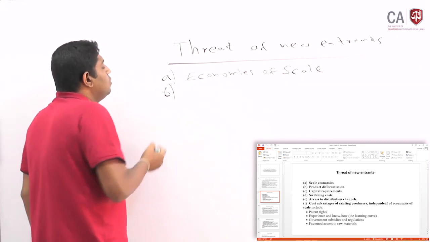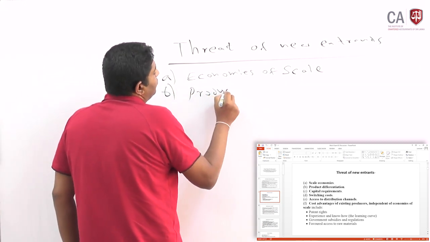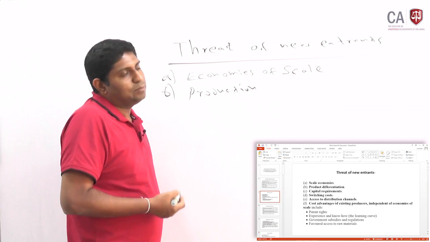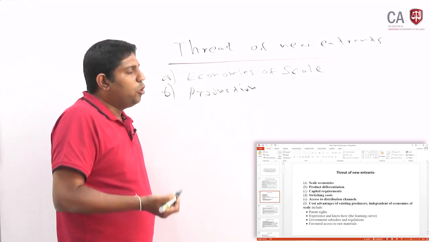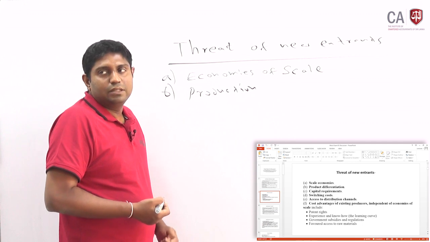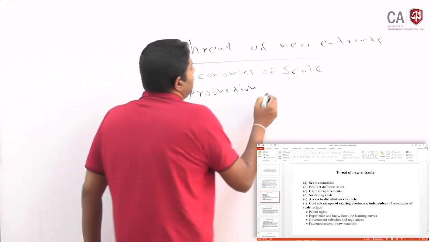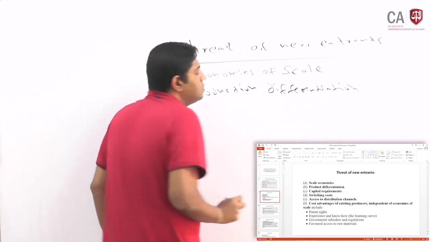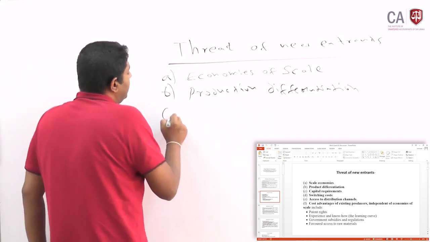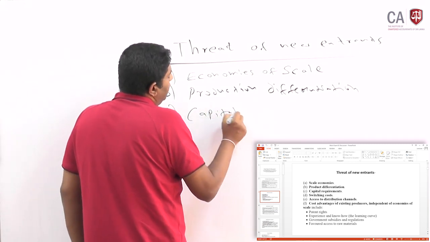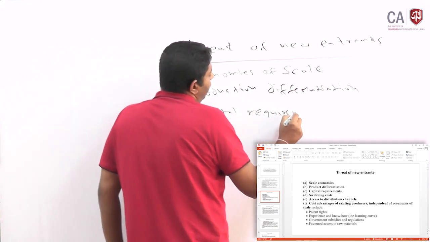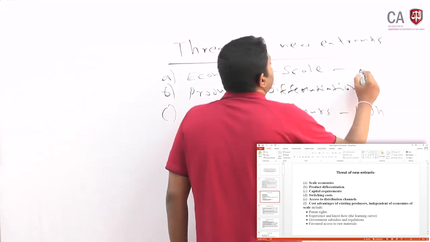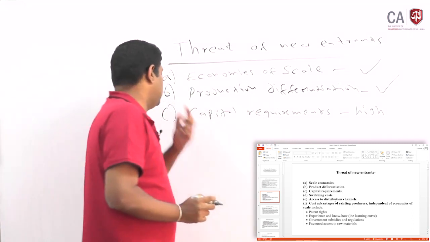Then they have used product differentiation also. We remember some of them try to differentiate themselves as power and energy drinks, some of them focus on sport, some of them talk about the nutrition. So, product differentiation has been used by them. Then capital requirement, it will be high definitely. This is available for the existing players.